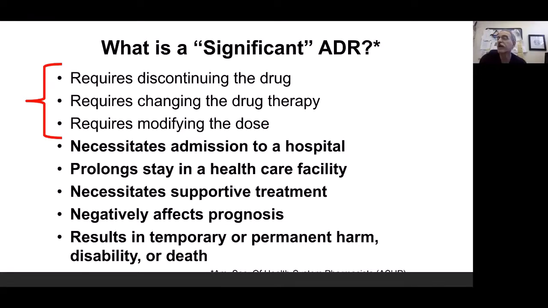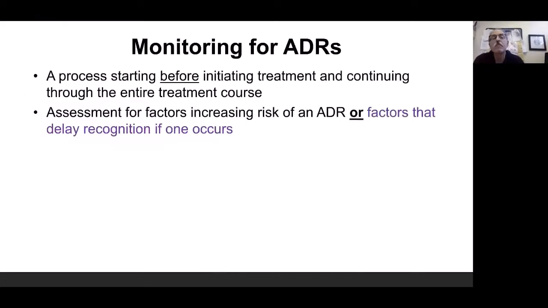Obviously, those are things that we want to try and avoid, and in order to do that, we monitor for them. That monitoring process starts before you initiate therapy, but then continues throughout the entire treatment course.